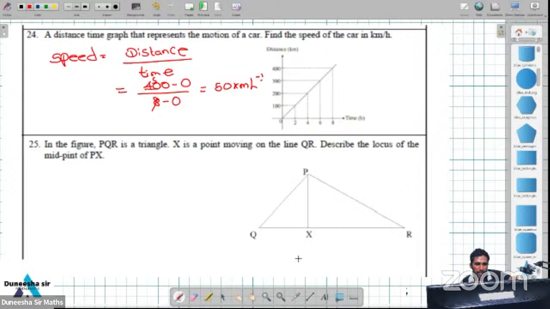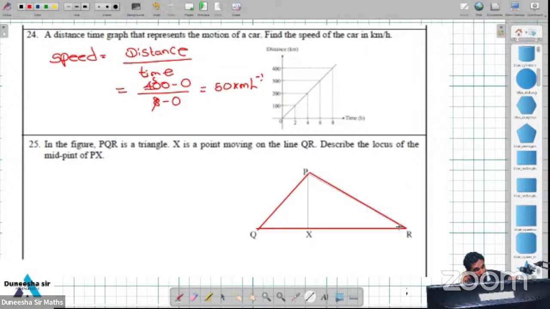In the figure, PQR is a triangle. The 25th one. PQR is a triangle. This is PQR. Okay.